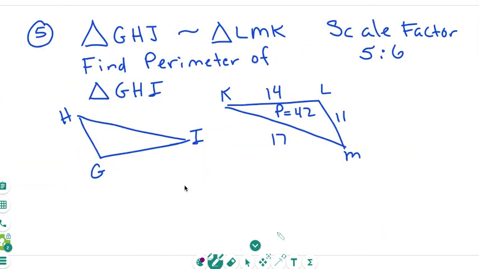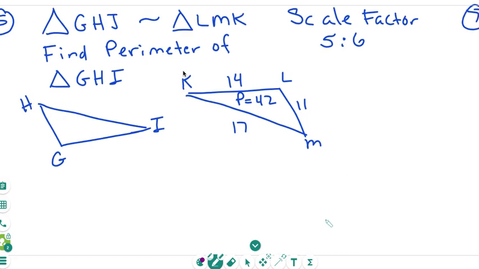All right. Again, we have a scale factor here, and we're going to find the perimeter of the smaller triangle. So remember that if we're given similar triangles, their perimeters are also proportional. So we're going to set up our proportion.